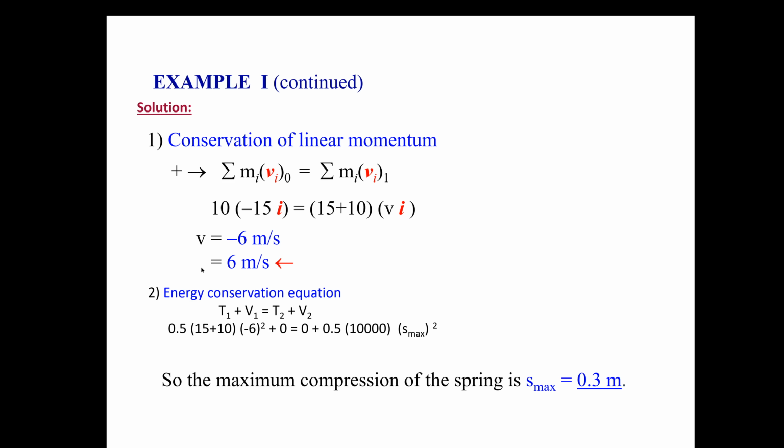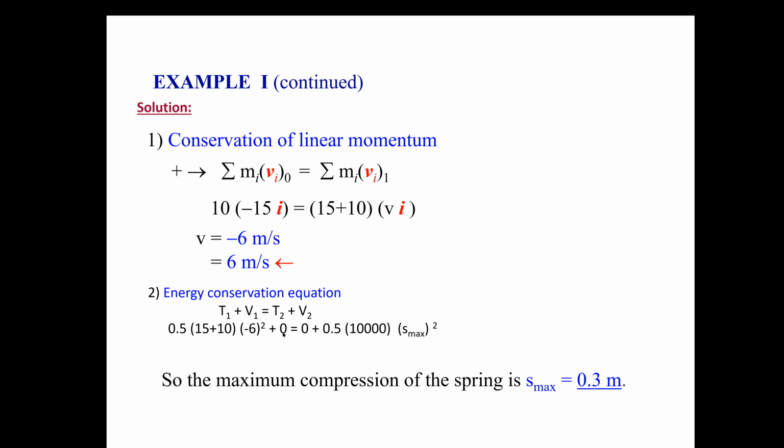Its maximum point of compression is what we're going to look for. Initially we have our initial kinetic energy, 1/2 mv squared, with the total mass of the two blocks and the velocity, minus 6 meters per second, squared.